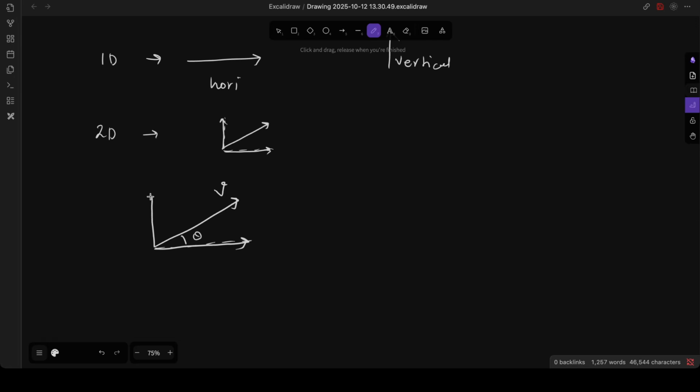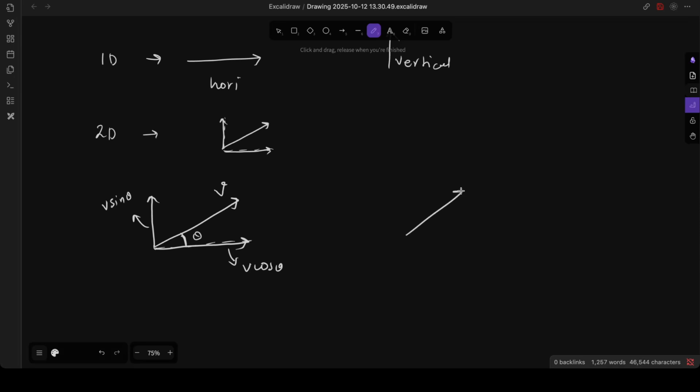Then this component will become v cos theta, and this will become v sin theta. I'll not go into how, using trigonometry, we arrive at v cos theta and v sin theta. I have already told that many times in class, but the important thing to remember is that since this component is attached to theta, we say it's cos theta, and there is no attachment of theta, that's why we say it's sin theta.